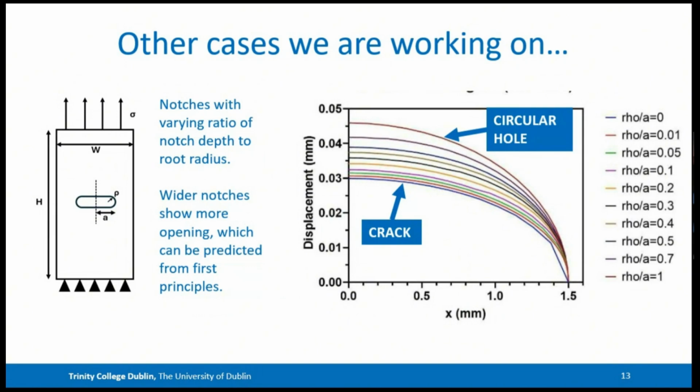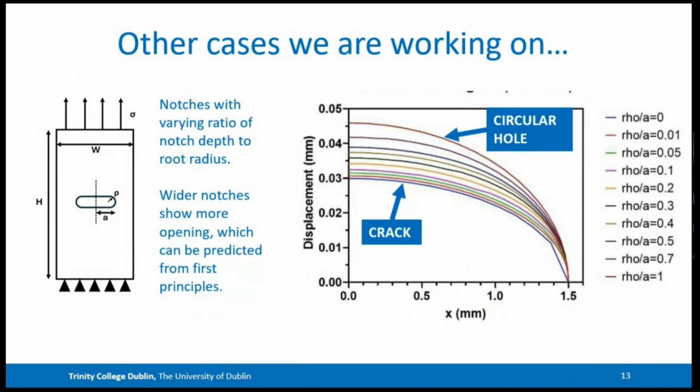So the bottom one here, which has a very low rho over A value, that would be a crack, as you saw before. And then we've gone all the way now to a circular hole here at the top. And you can see we still get the same displacement of the faces of the notch. This is not including the actual machined shape of the notch. This is just how much it moves.